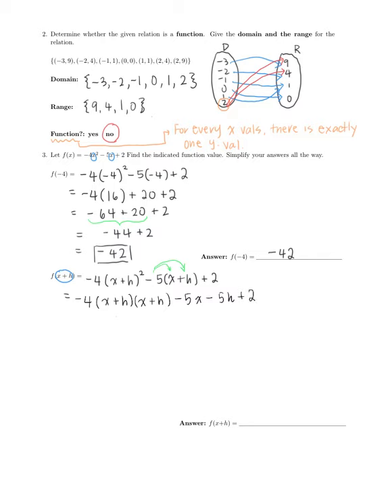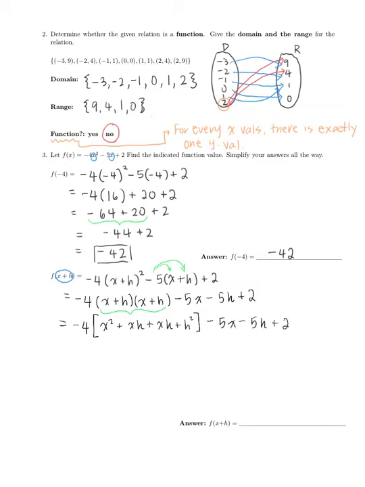All right, so next what I'm going to do is multiply this out. But remember, we're going to multiply that by the whole negative 4, so here you better have negative 4 and I put a bracket around it. Then if I multiply this out, we're going to have x squared plus xh plus another xh plus h squared. And then let me just drop down minus 5x minus 5h and then plus 2.